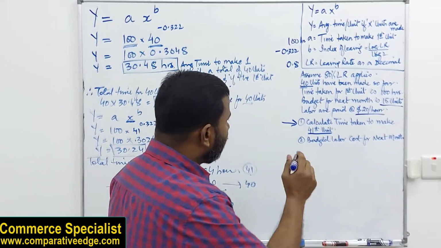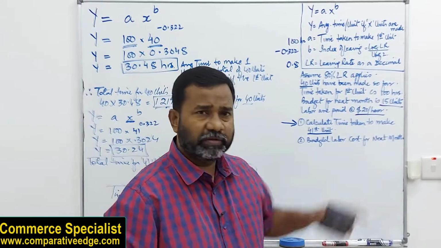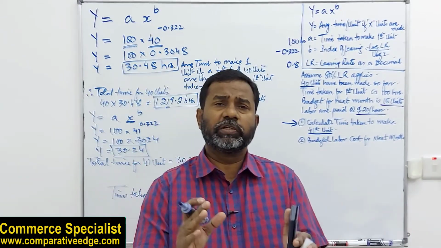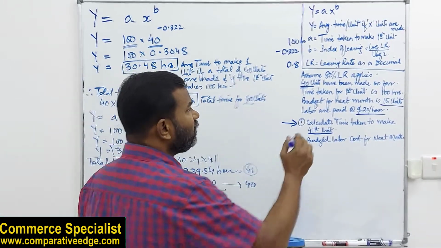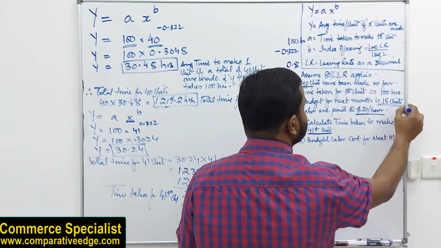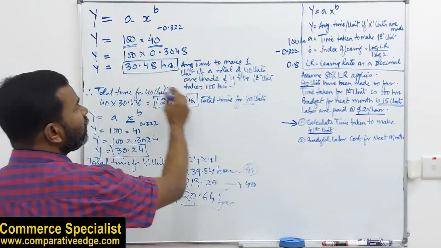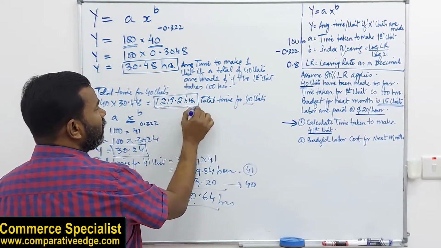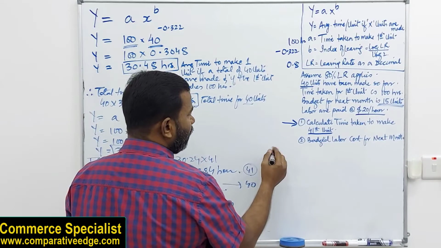Now, another requirement in the question is the budgeted labor cost for next month. We need to calculate the budgeted total labor cost for next month. So we need to understand how many units we have planned. We are making 15 units. For 40 units, I already have the total time here. I will use the same formula.